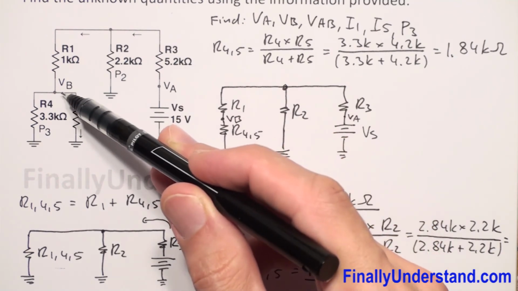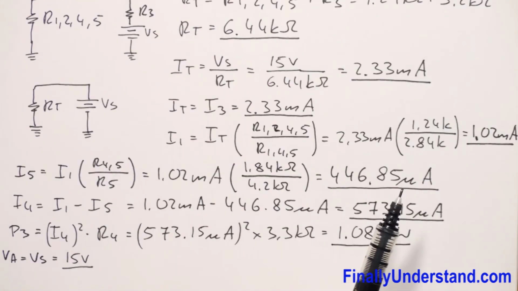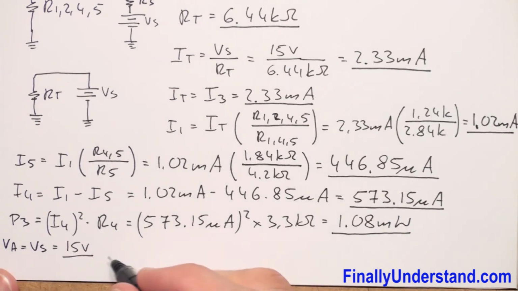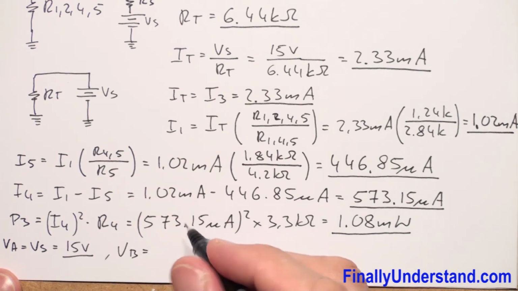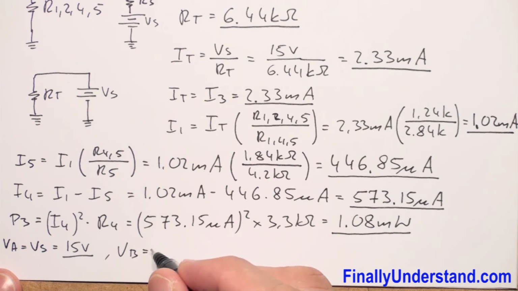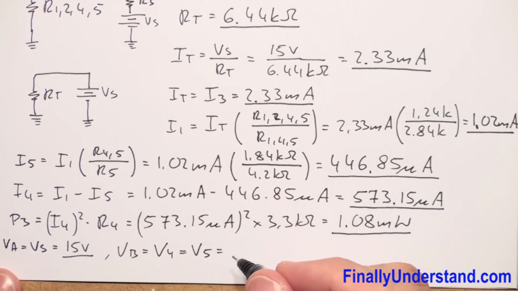So VB is equal to the voltage across resistor 4, or this is also equal to the voltage across resistor 5. I'm going to use the current I5 and R5. So I5 times R5 is going to give me VB.